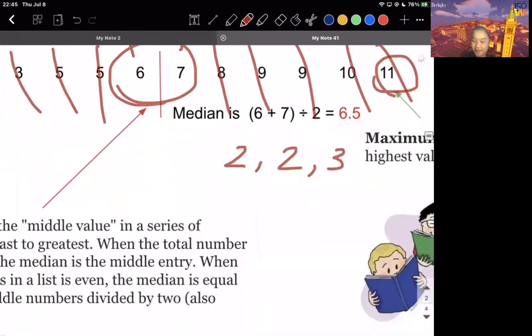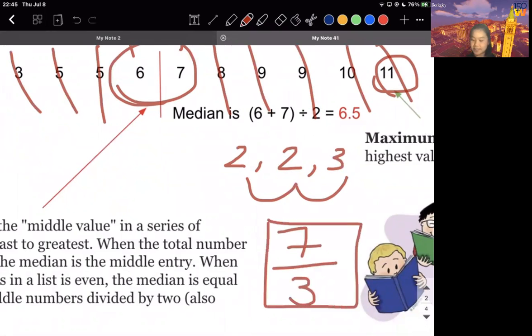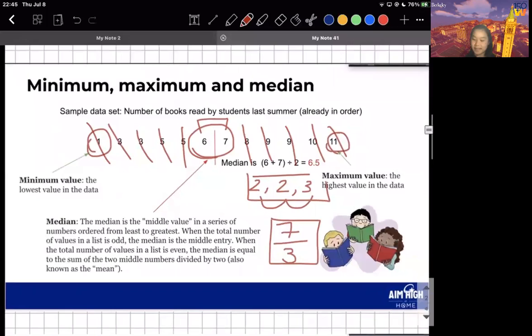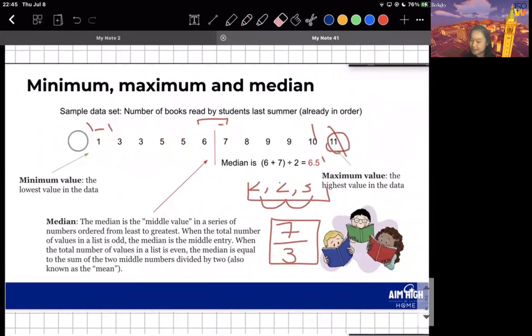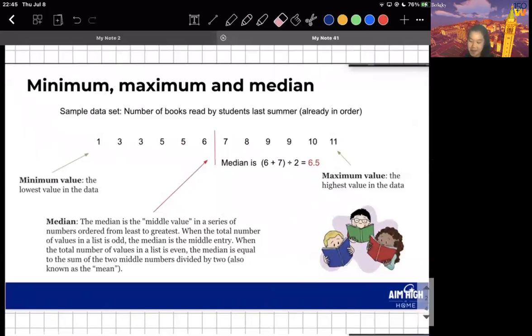To find the average, we'd add all of these up. 2 plus 2 is 4, plus 3 is 7. 7 divided by 3. So that would be our average because there are 3 numbers total in this set. Sorry, that wasn't a very convenient example to do, but trust me when I say that is the average. Okay, I think that's it for now.